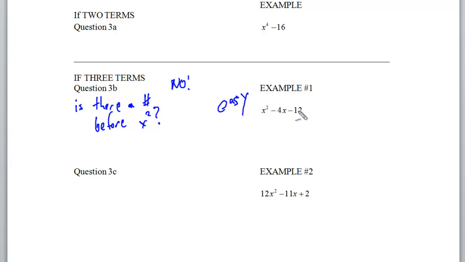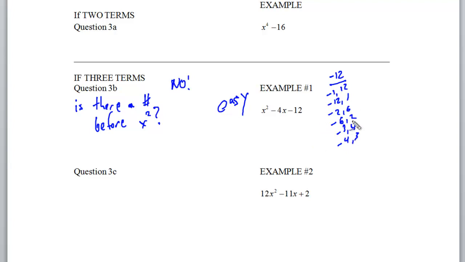The easy factoring has you look at the third term, and this third term is a negative 12. What you should do is list all the factors of negative 12, which is negative 1 and 12, negative 12 and 1. You see these two multiply to make negative 12. Negative 2 and 6, negative 6 and 2, negative 3 and 4, negative 4 and 3.